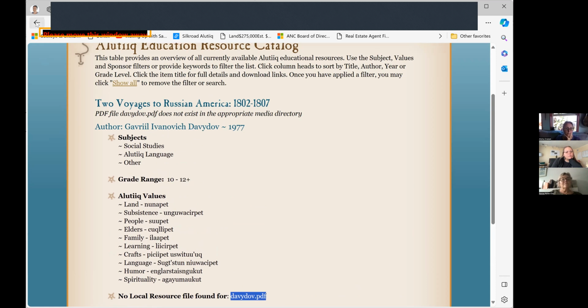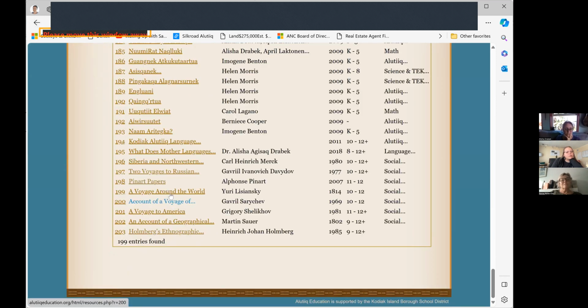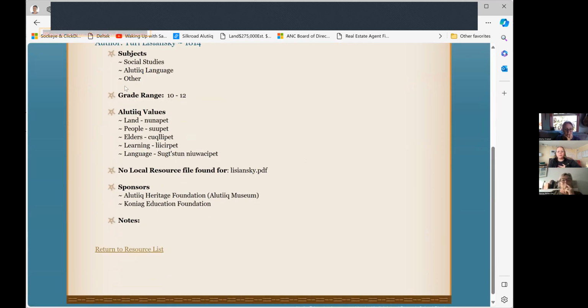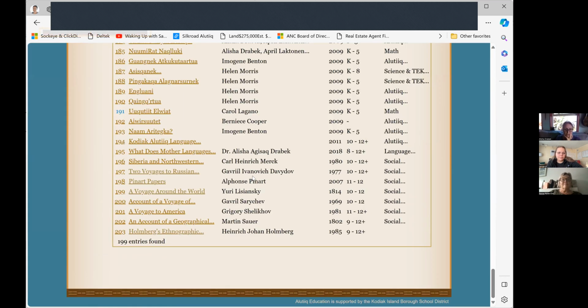Oh, it says PDF, it was not appropriate. But it's good to know that that book exists. I don't know if they took it off because of copyright. I don't think that's a copyright issue because they're so old, but maybe the more recent ones, like Voyage to America, would be.